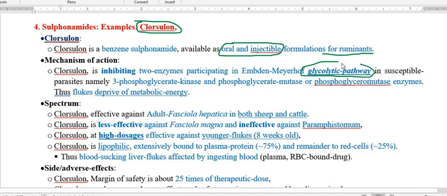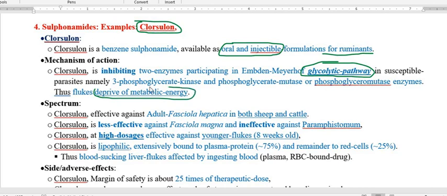So if there is an inhibition of or interference in the glycolytic pathway of the susceptible parasite, then the worm is deprived of energy or metabolic energy. So if there is no energy, how will the parasite survive?